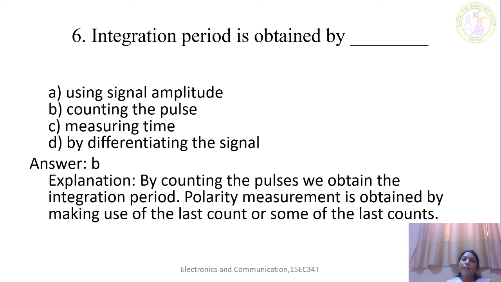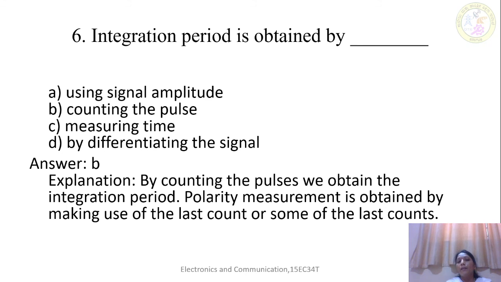Next question is, integration period is obtained by using signal amplitude, counting the pulses, or measuring time by differentiating the signal. So, integration period is obtained by counting the pulses, right?